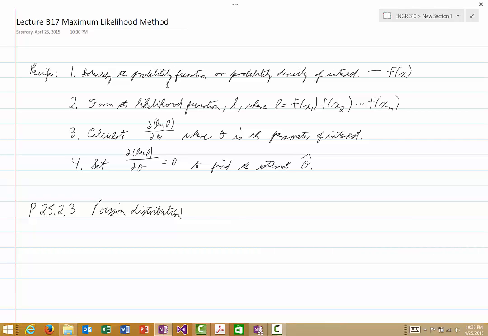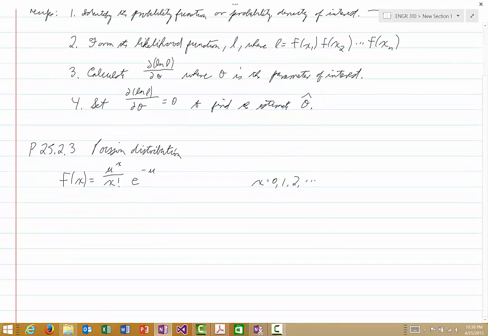And in this case, since the Poisson distribution is a discrete random variable, we're talking about, it's called the probability function, and f of x is equal to mu to the x over x factorial times e to the minus mu, and this is where x is equal to 0, 1, 2, dot, dot, dot. Now that's step 1 in our recipe.